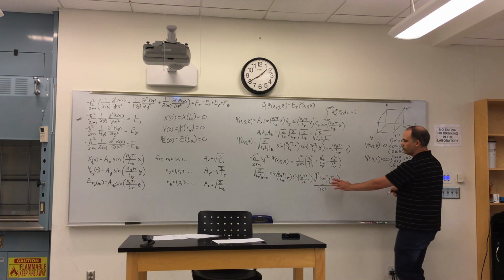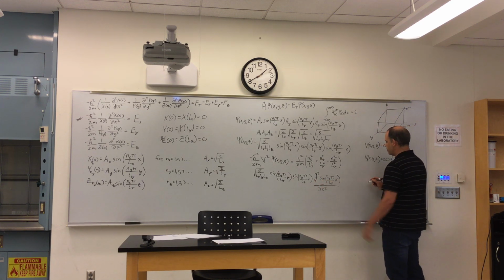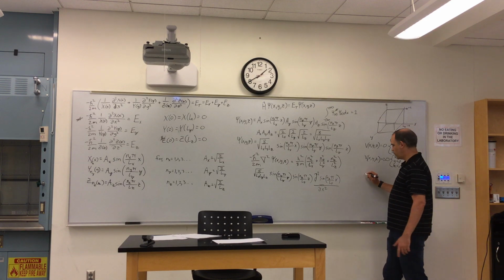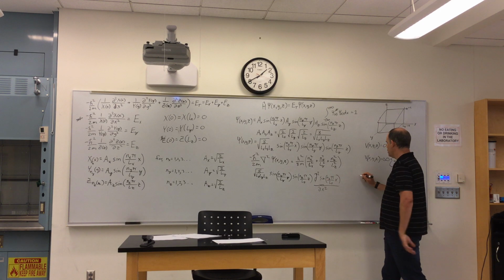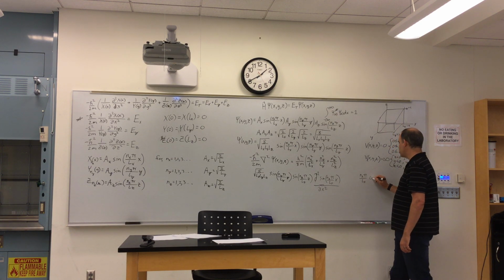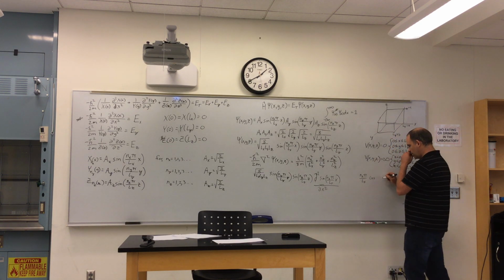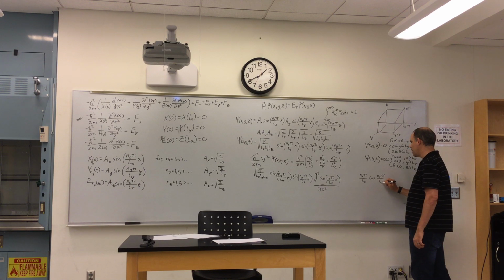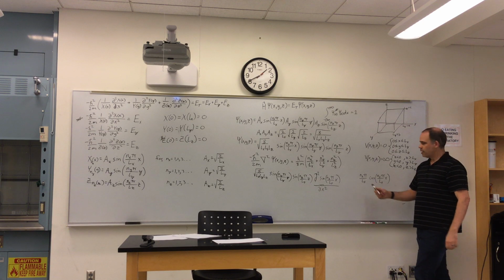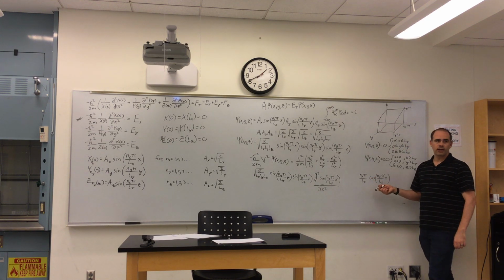Okay, what's the derivative of sine? Right, it's cosine. So you take what's in here, that'd be nx pi over Lx times cosine of nx pi over Lx x. So that's the first derivative. If I take the derivative of cosine, I get negative sine.